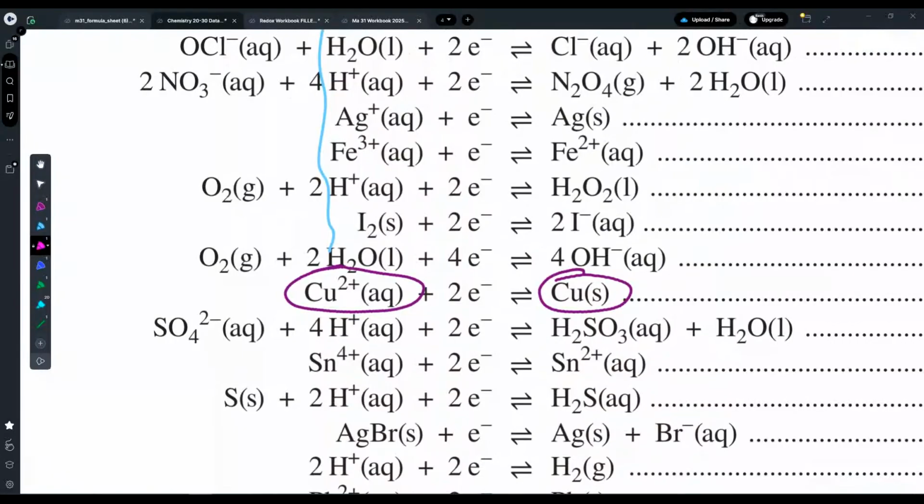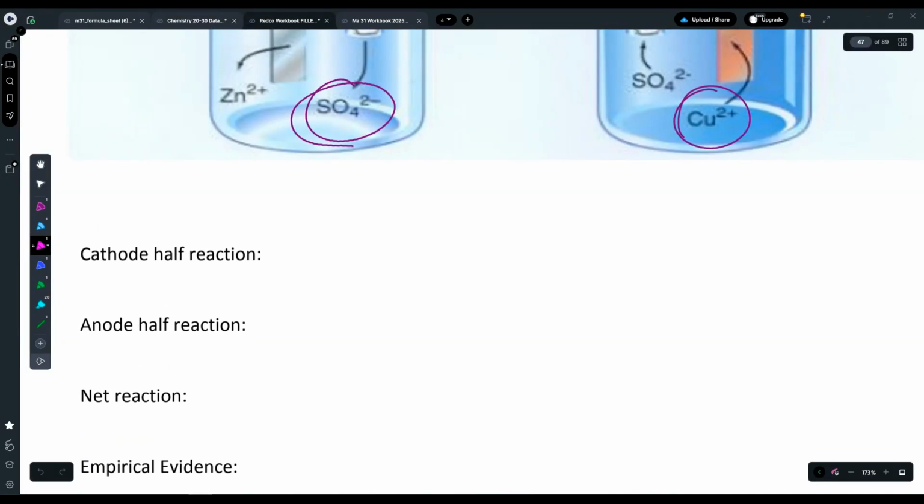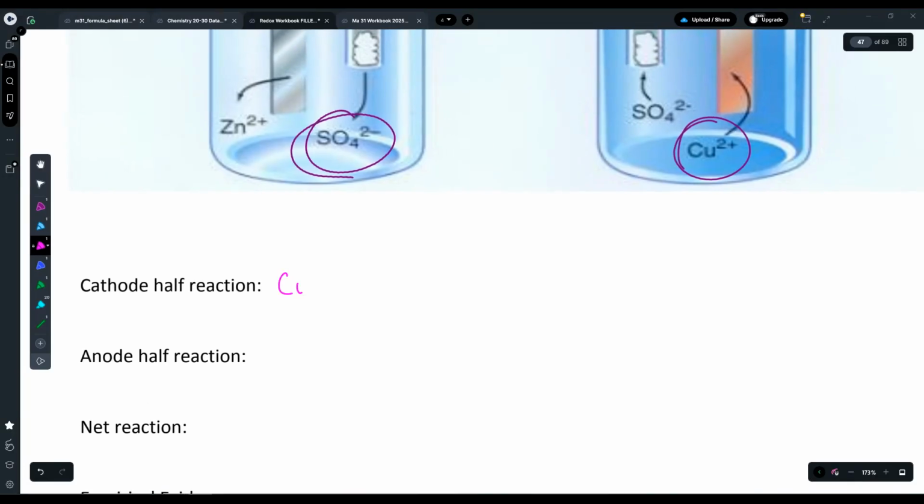Because I'm writing the reduction half reaction, I'm starting from the left-hand side and writing this going to the right. So copper 2+ aqueous plus 2 electrons gives us copper solid.